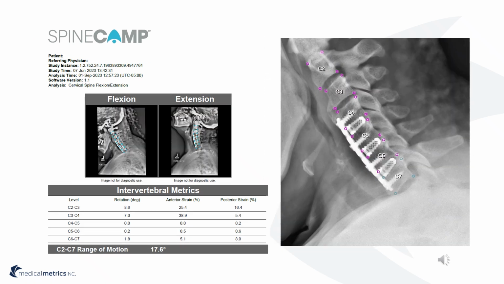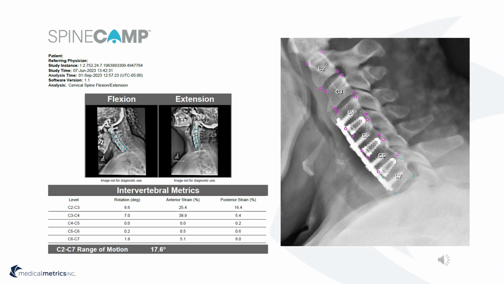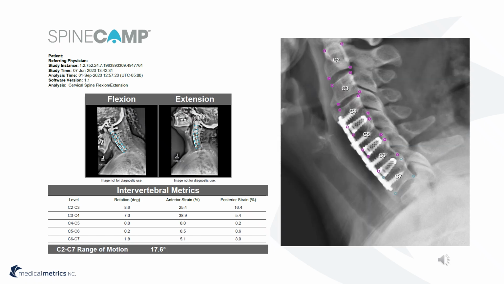Here is another example of applying the recommendations. This is a strain report for a multi-level ACDF. Rotation at C4-C5 and C5-C6 is less than 1 degree and strains at these levels are less than 1%. These levels would be diagnosed as fused.